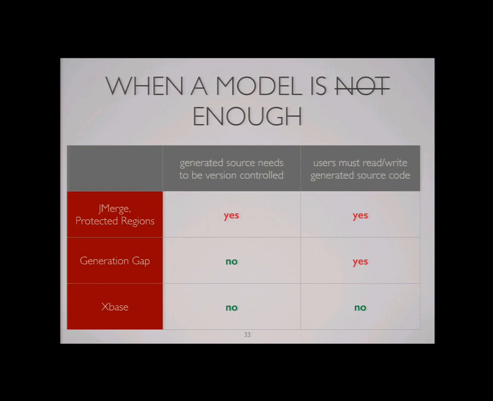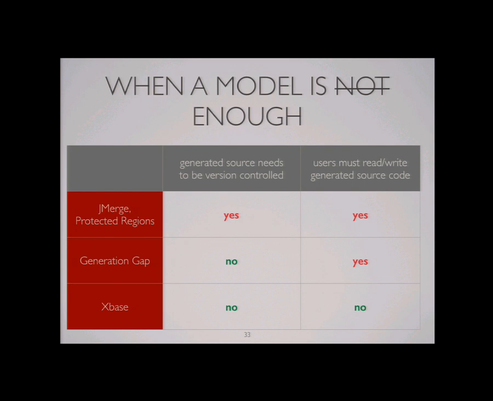The other question is, do users need to read and write the generated source code? Or in other words, is my abstraction leaky? Can users do all the work with a DSL document, or is the DSL expressiveness of the language not strong enough so that users need to fall back to the generated code? Like, break through your abstraction, go one abstraction level lower and edit the source code.